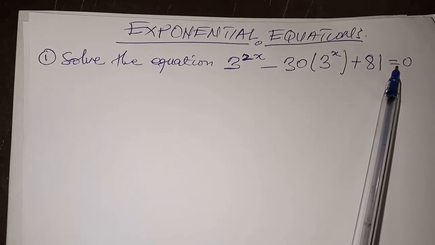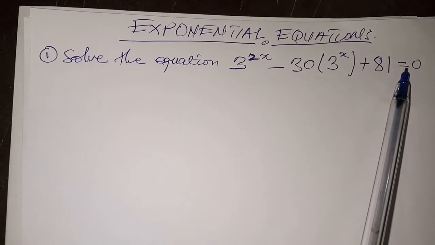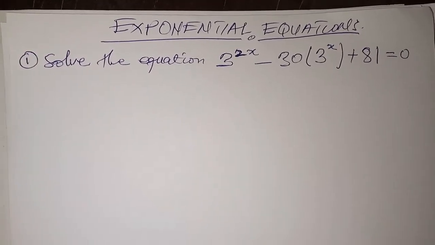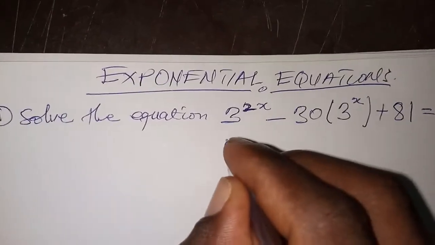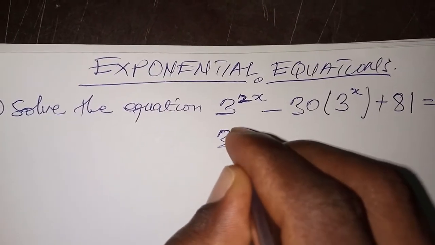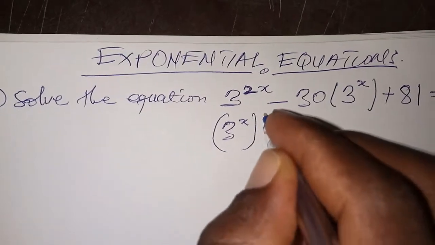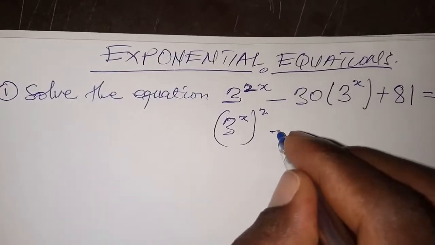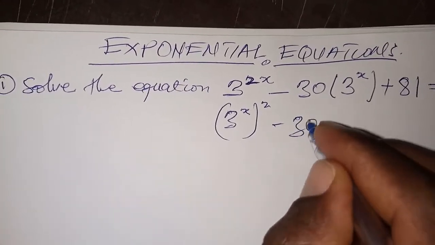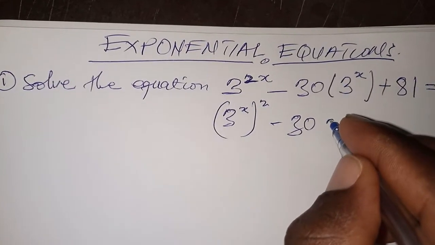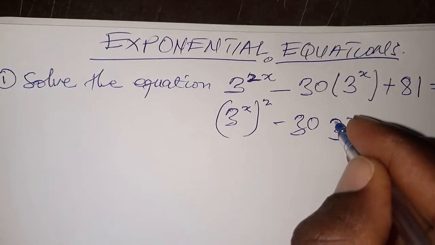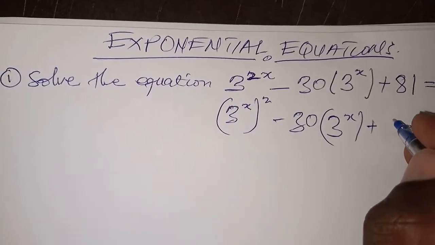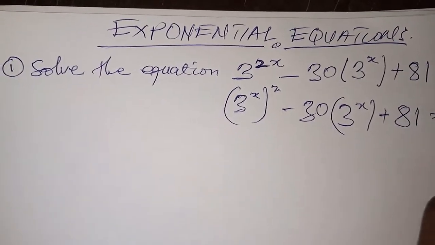So we just go ahead and rewrite our equation to be 3 exponent x all squared minus 30 times 3 exponent x then plus 81 equals 0.